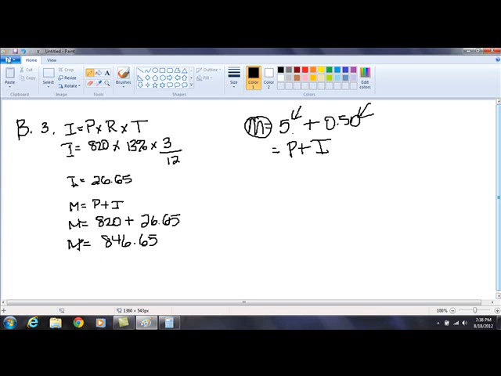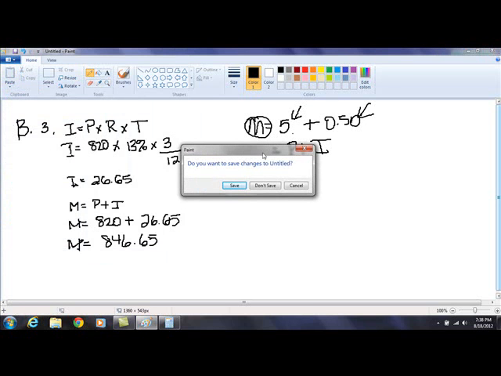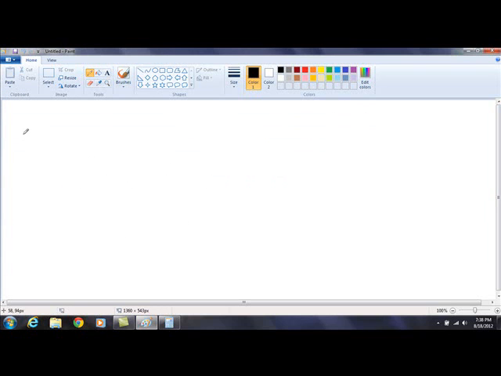Okay, now let's do number 5 and 6, I guess it is, just to make sure that we understand. In order to calculate our maturity value, the first thing we have to calculate is our simple interest.